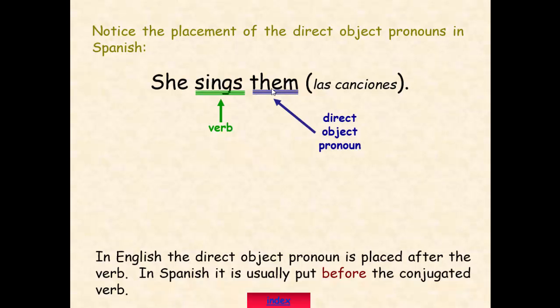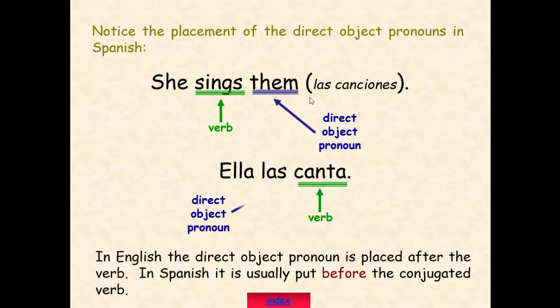There's our direct object pronoun in English, them. Now, what do you think the pronoun is going to be in Spanish since we know what they're talking about? Okay, it's going to be las canciones. So here it is in Spanish, ella las canta. There's our verb. There's our direct object pronoun in front of the conjugated verb.